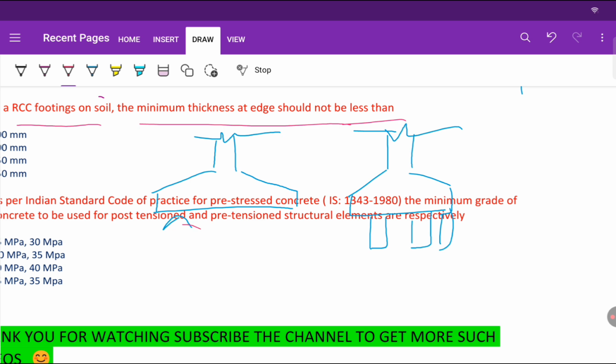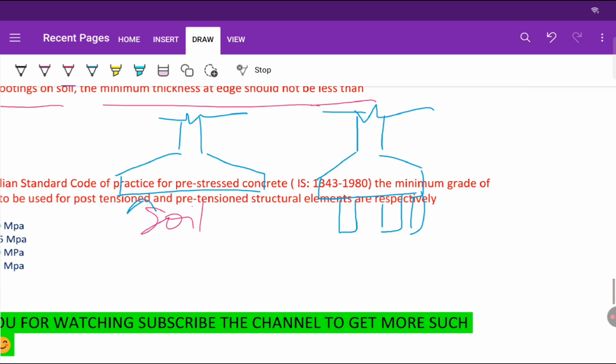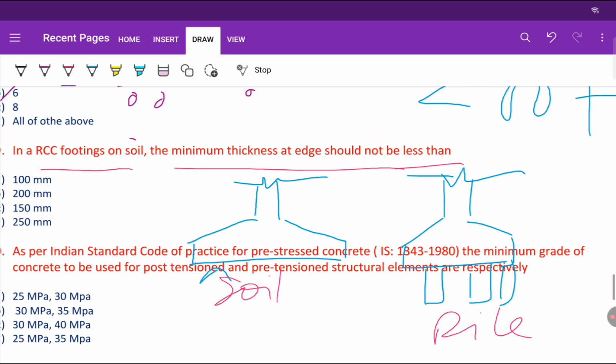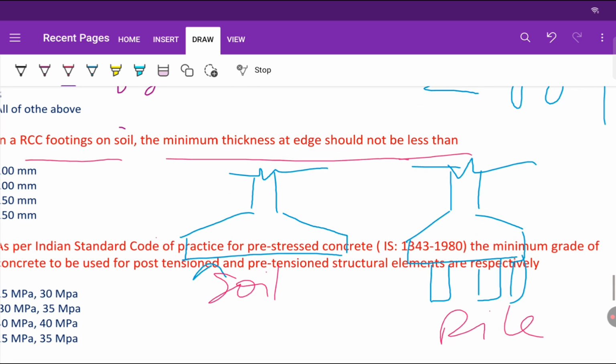This footing is resting on soil and this footing is resting on pile. The question is asking for this value, the minimum thickness, called the edge thickness.